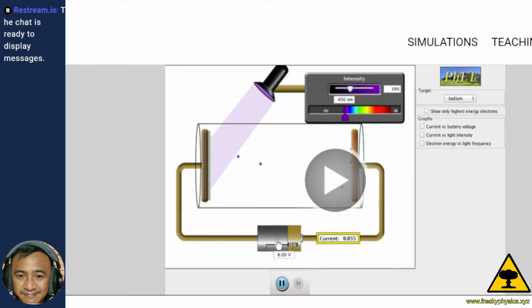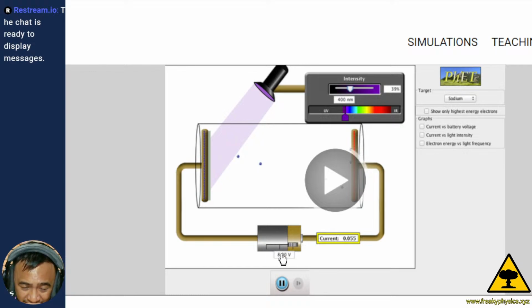Okay. Now what's gonna happen here is once it's opposed, I could change the frequency of the light, right? But if I change the frequency of the light, because the energy of the photoelectrons depends on the frequency of the light, I'm gonna have to reduce this voltage to just balance it.